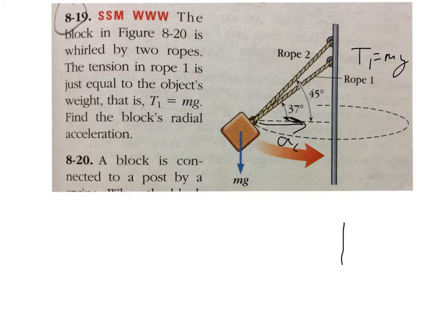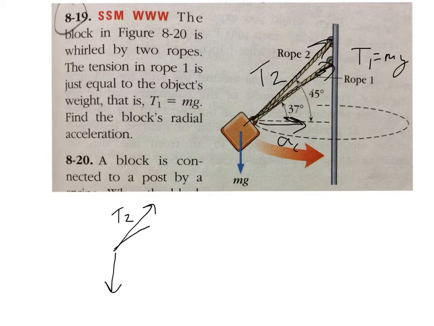So with that, this is interesting. We just got to do a force diagram. That's gravity down. Then there's this T2, and then this T1. So we have this mg, that T2, and that T1. This is mg, and T1 is also mg, so we know that.